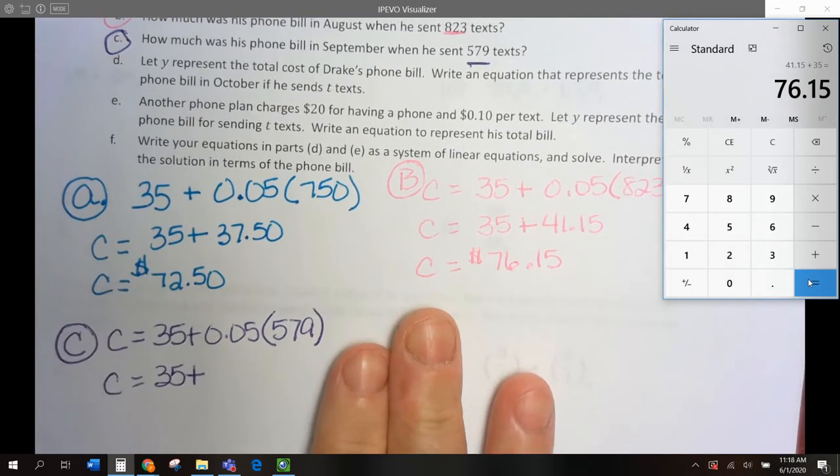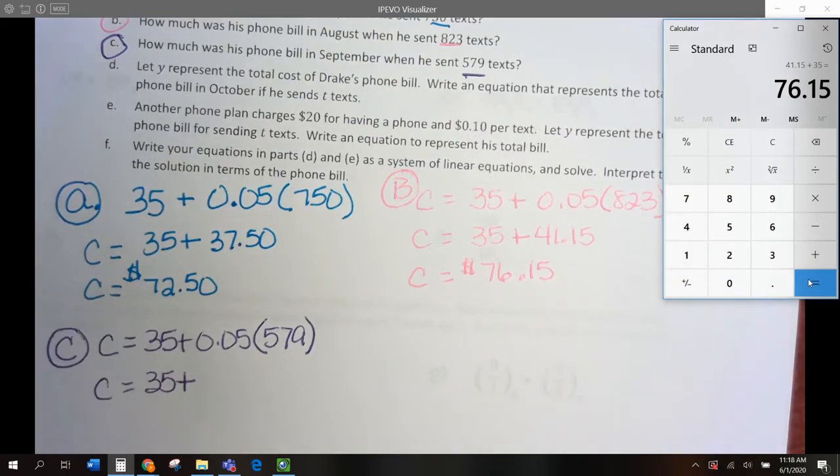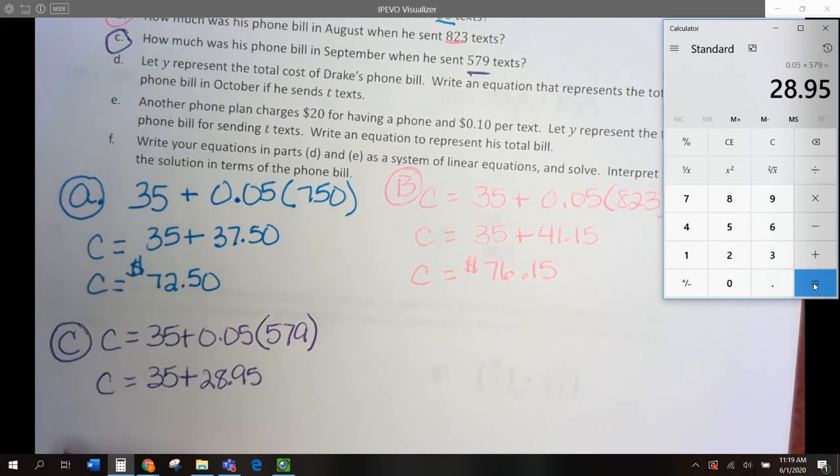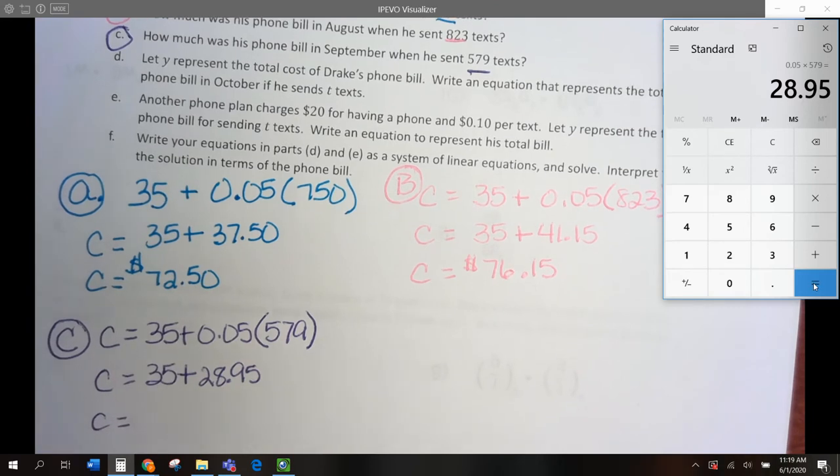Oh, I'm sorry, I'm bringing this down. $35 plus the charges for the text. So that's going to be charges for the text, 0.05 times 579, $28.95. So his total cost is going to be $28.95 plus the 35, $63.95.